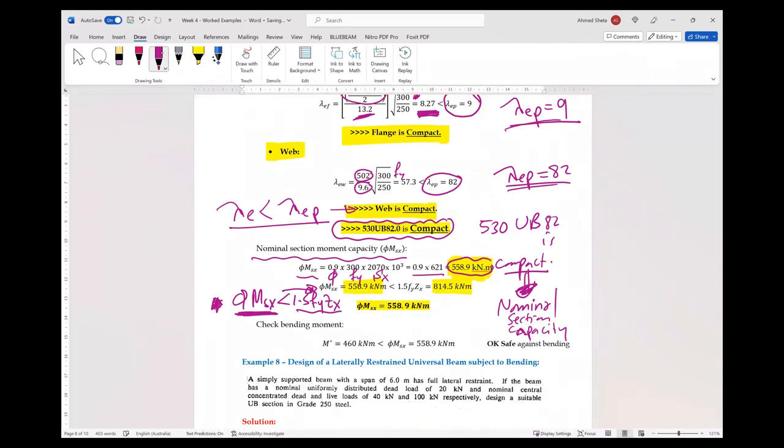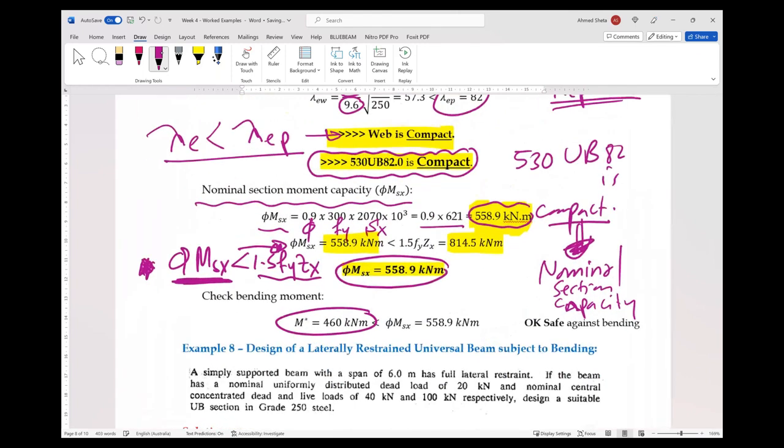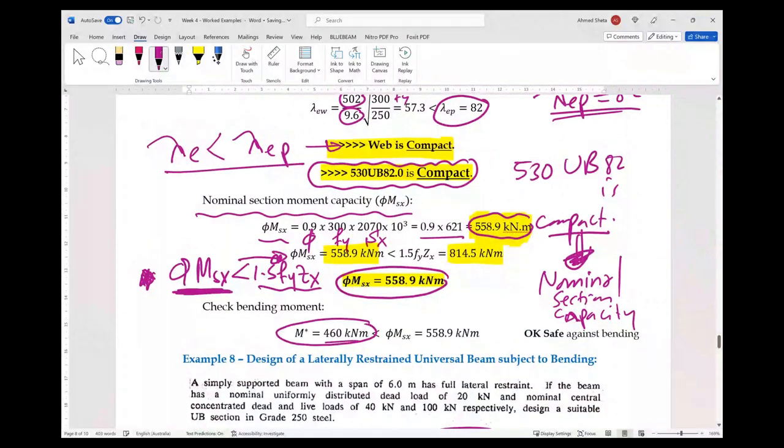So this means that the section capacity is 558.9. So how much is the applied moment? The applied moment was 460, which is less than phi M SX. So this section is safe against bending.